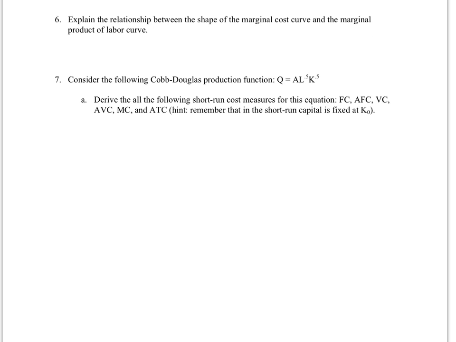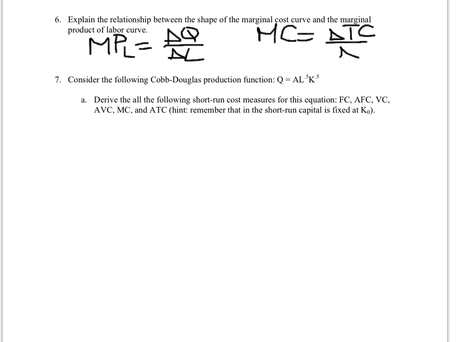Explain the relationship between the change of the marginal cost curve and the marginal product curve. Well, you know the marginal product of labor is the change in output over the change in labor. And you also know that the marginal cost curve is basically the change in total cost over the change in output.